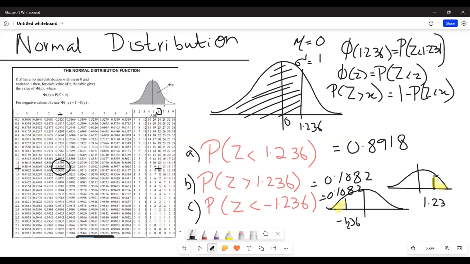So what we've concluded is that probability Z is less than minus X is the same as probability Z is greater than X, which is the same as 1 minus probability Z is less than X.